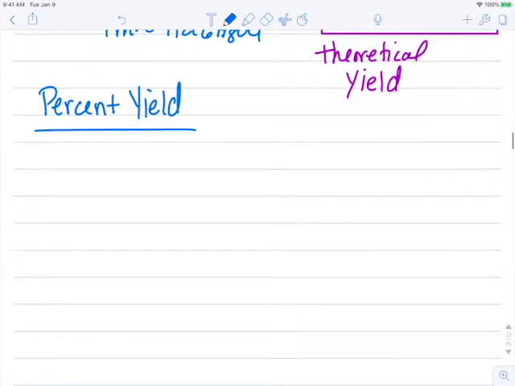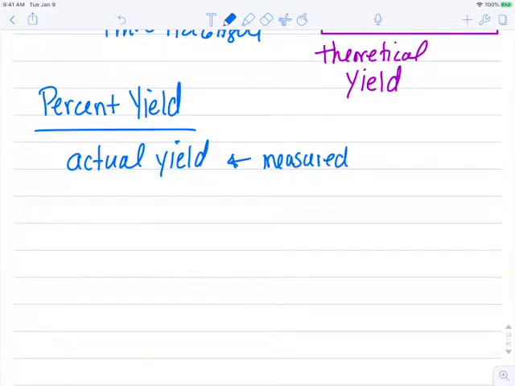All right, so percent yield will always be the actual yield. And this one will be measured in the lab or given in the problem.